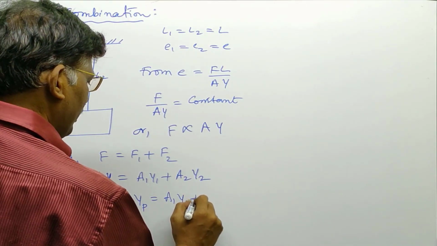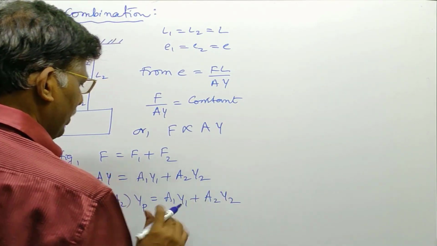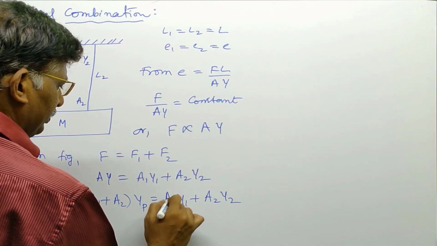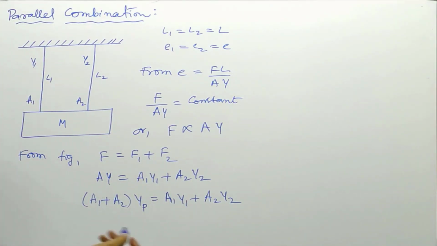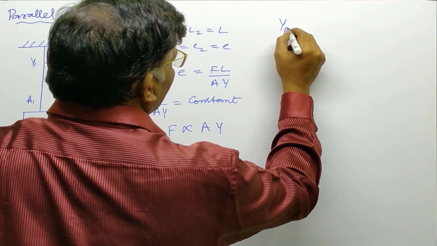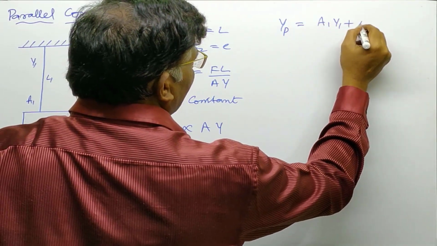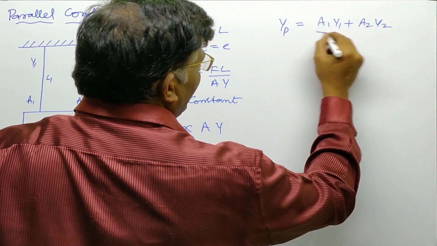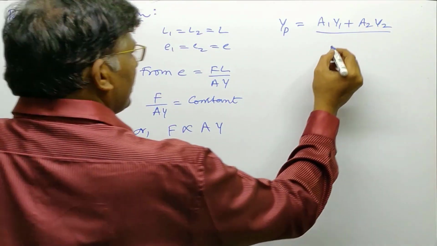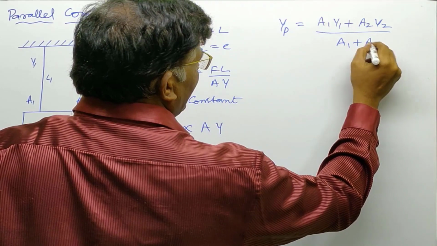So YP is equal to A1 Y1 plus A2 Y2 divided by A1 plus A2.